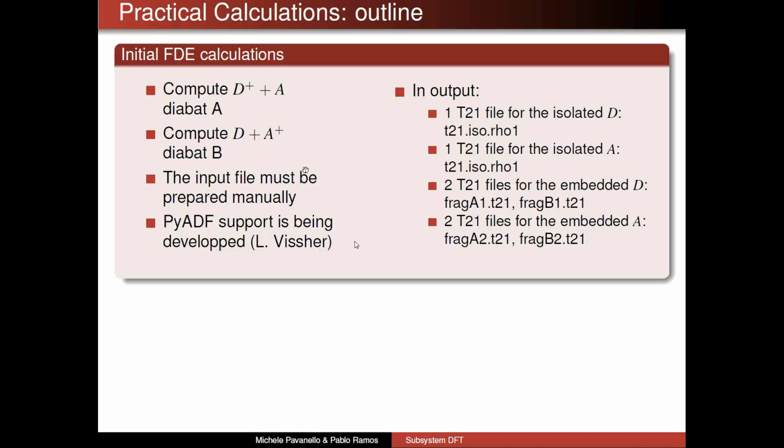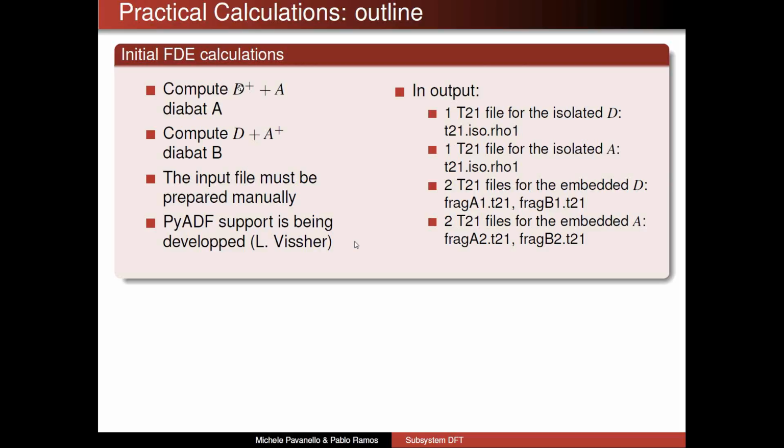Then the electron transfer input file must be prepared manually. Now I shall say that to compute these diabatic states, it is advisable to run what we call a freeze and thaw calculation for the FDE component, and you will see in a second what that is.